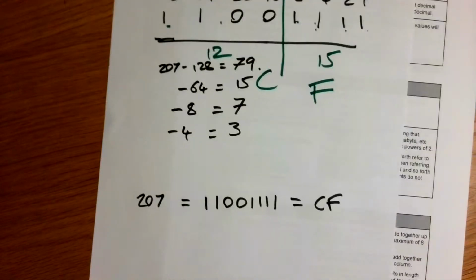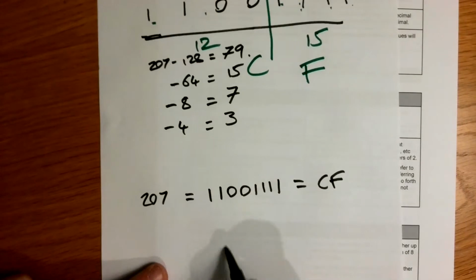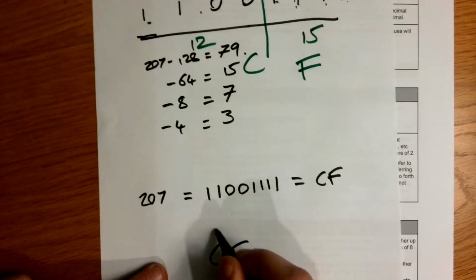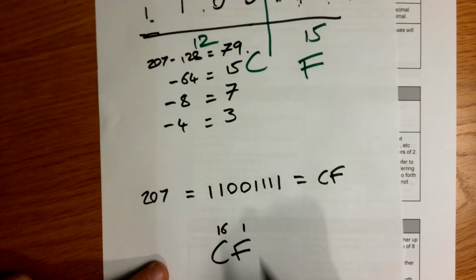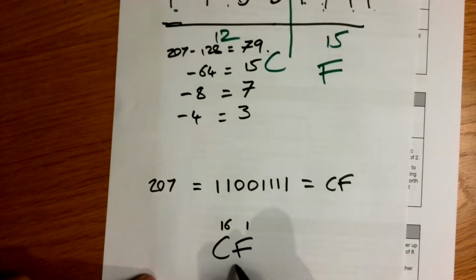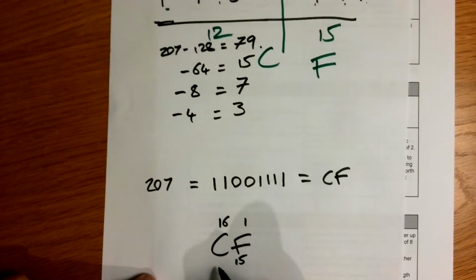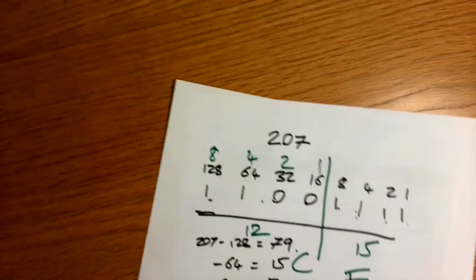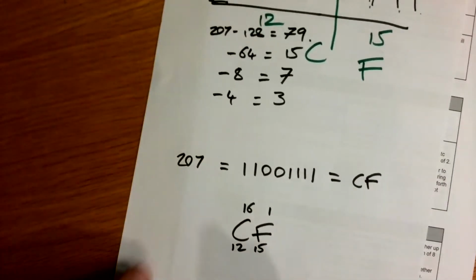Just to double check our working, we can go one step further. Remember, everything in this column is worth 16 and everything in this column is worth 1. We know the letter F is 15, and we know the letter C is 12. We did that up there. Then we can times these together.